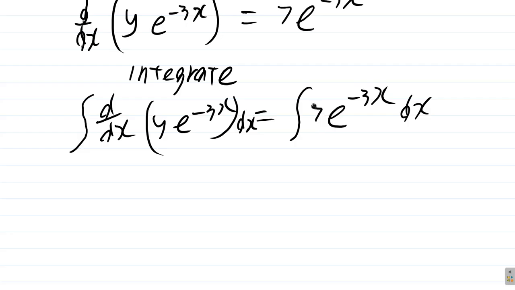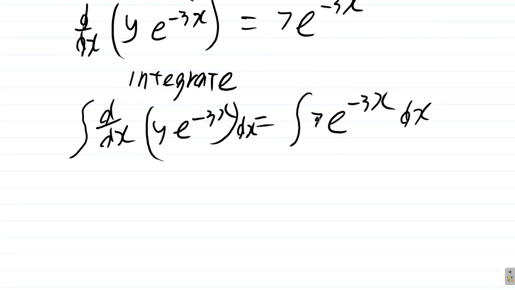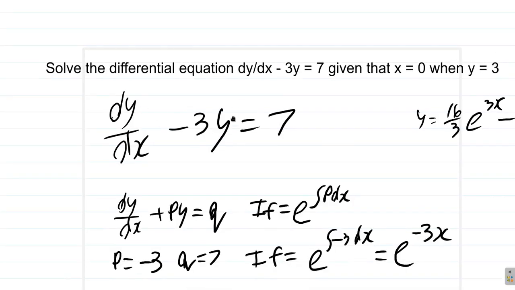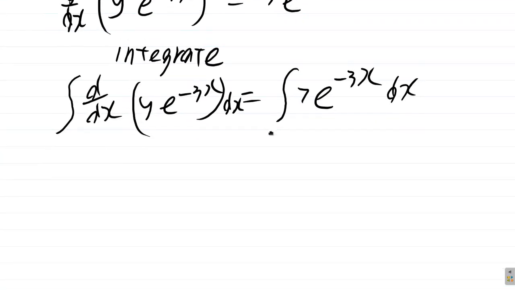Now, if you had an a, b, c, d, and so on, that would be a constant, just a number. But in this case, you have y, it's not just a number, because y up here is a function of x.